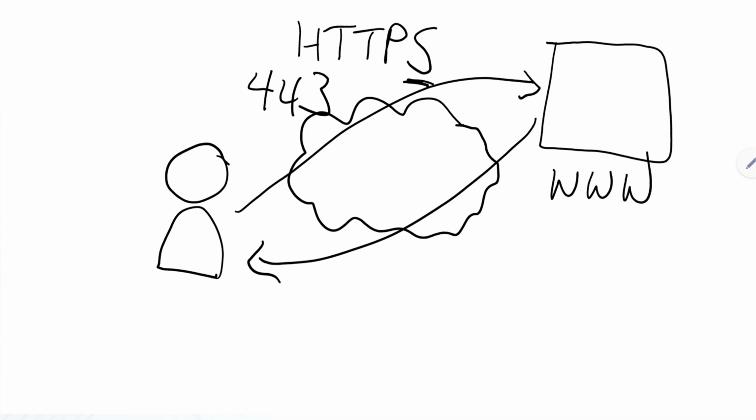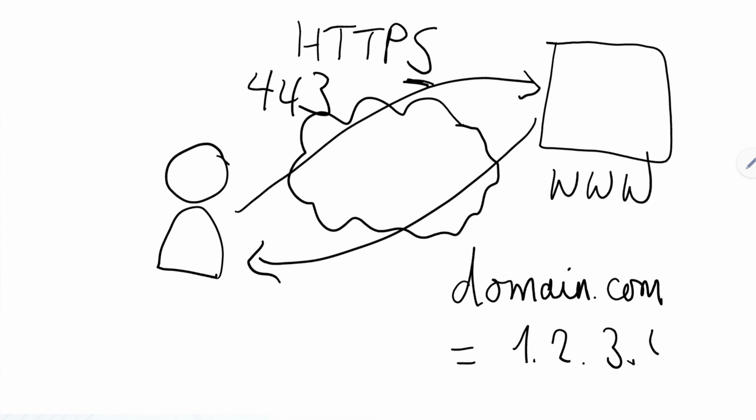Now, to validate that this is the correct website I'm going to, we would then do a check, which basically checks that the domain, so domain.com, equals our IP. And then to do that, on our web server, we're going to have an SSL cert. So we've got a certificate there, which basically is living on that server, which will be served to us as part of the handshake process.